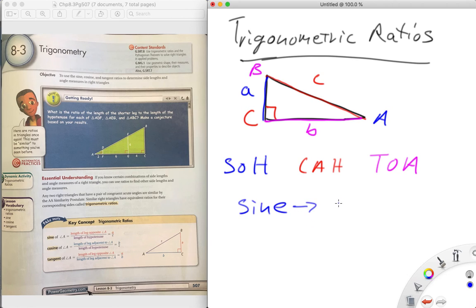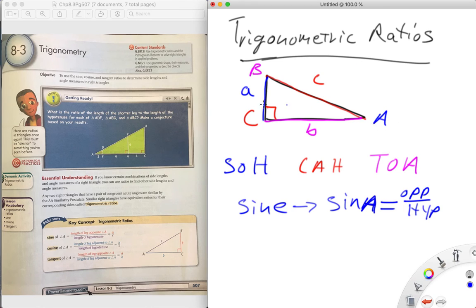The shorthand for sine is sin. We have angle A. So the ratio of the sine with respect to angle A is equal to opposite over hypotenuse.